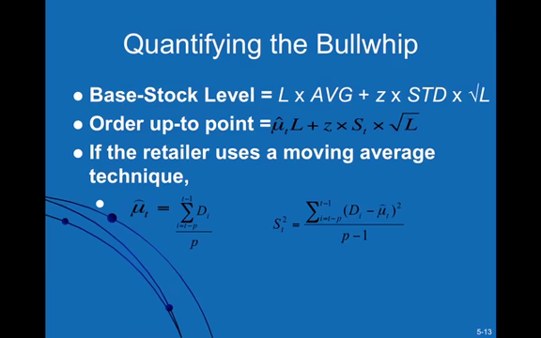And the amount that you actually order is the difference between the inventory level and that order up to point when the order is placed. Okay, so in a periodic review system, the retailer would look at what inventory is on hand, subtract that from the order up to point, and then place that amount as the order.